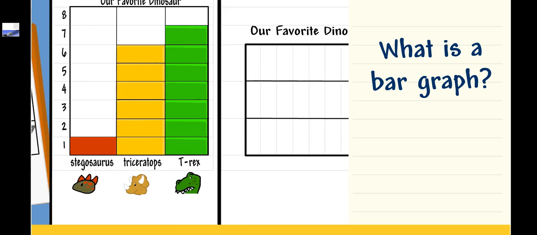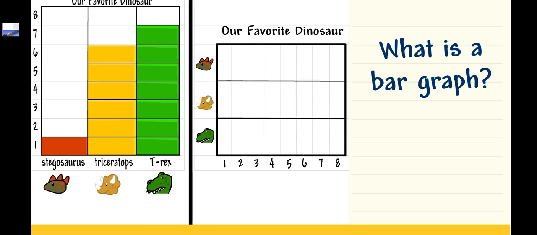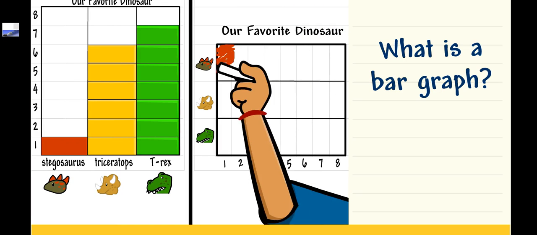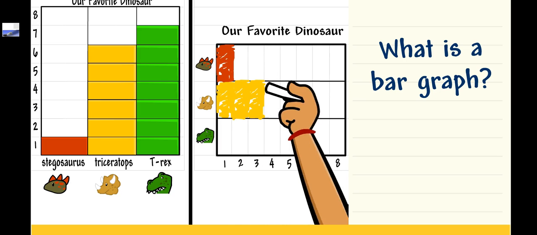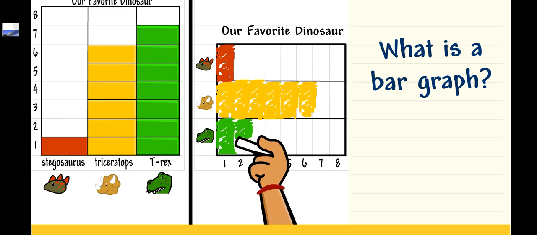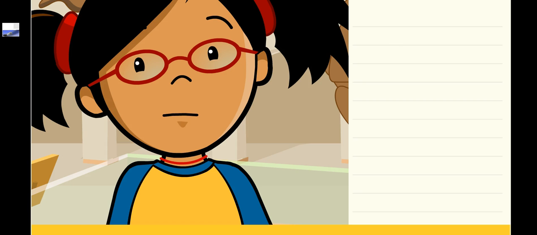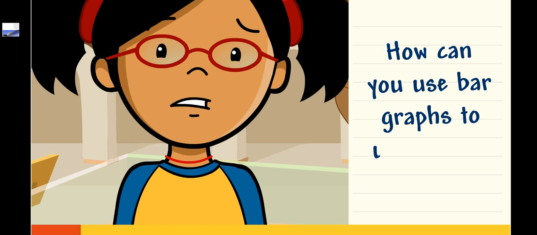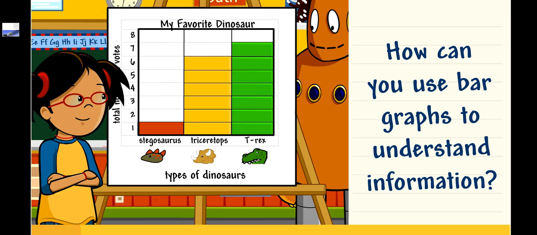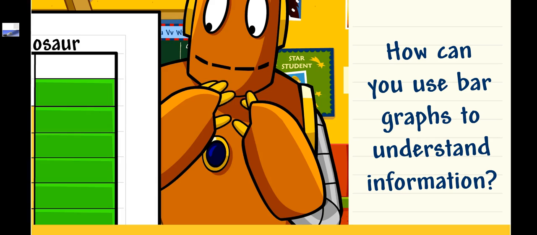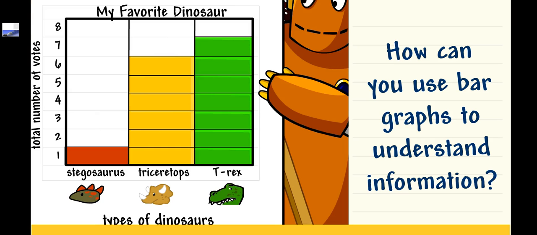You can also put the categories on the left and the numbers on the bottom. You can display the same information in a different way so you can understand it better. How can you use bar graphs to understand information? Bar graphs help you answer questions. Which dinosaur did people in our class like the best?